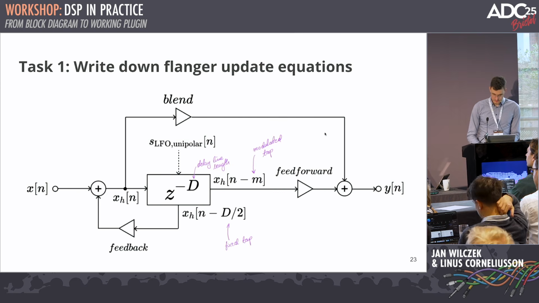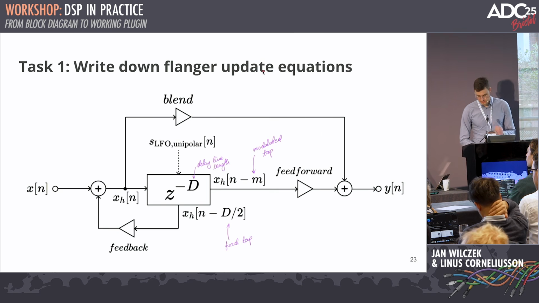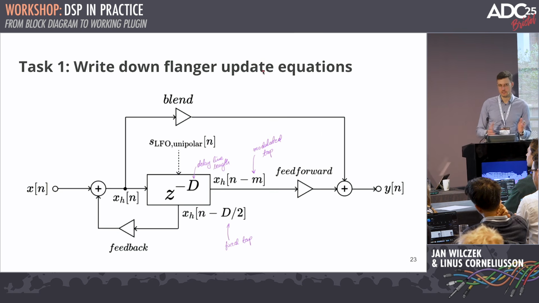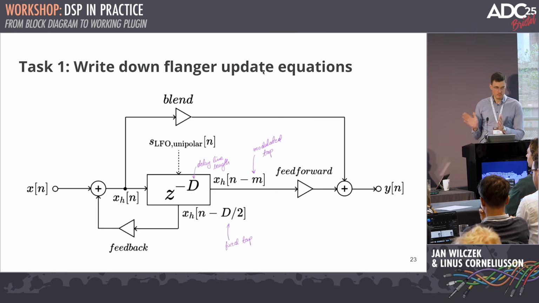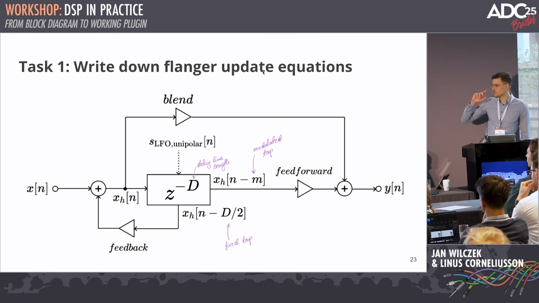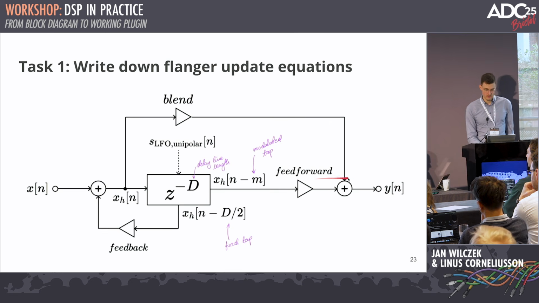That leads us to our task number 1. So we have this design, right? But we need to somehow conceptualize this to be able to implement it. And we want to implement it in Python first as a prototype because it will go faster. But I wouldn't be able to sit down and just write Python code that implements this. So we want to derive something that's called a difference equation.